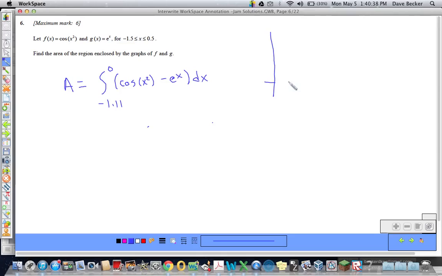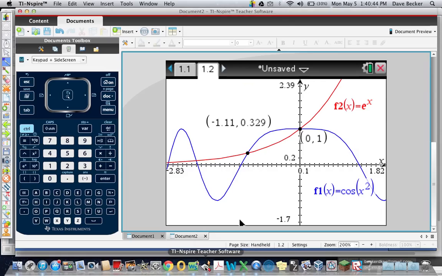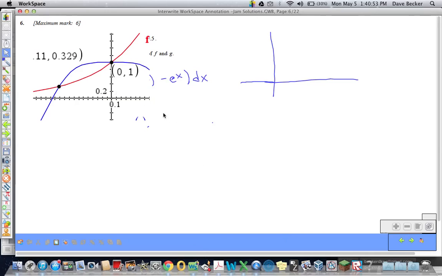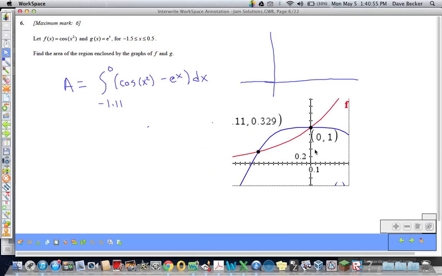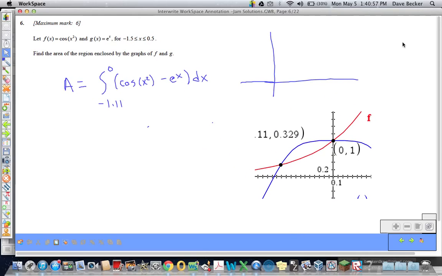Do not forget, boys and girls, that you need to sketch a quick sketch of the graph. I'm just going to take a quick picture of it and paste it in here, because I can't go back and forth like you guys, who have your calculator right in front of you. So all it would take is something like this. e to the x, or you could say just g of x here.